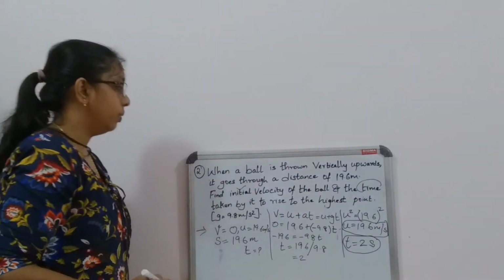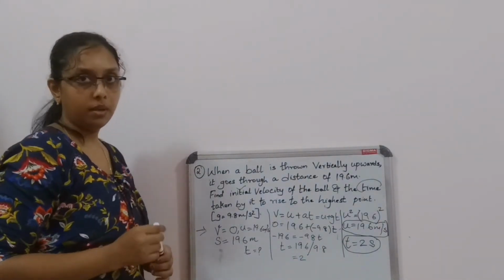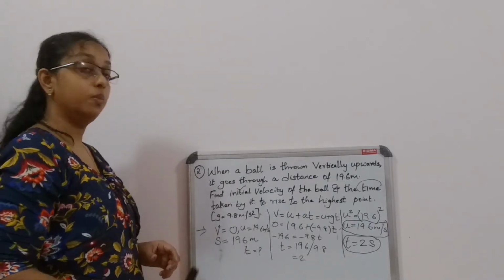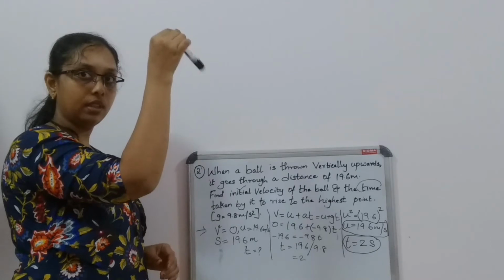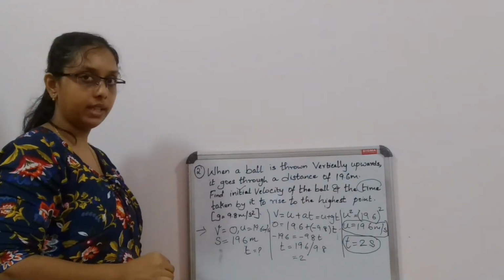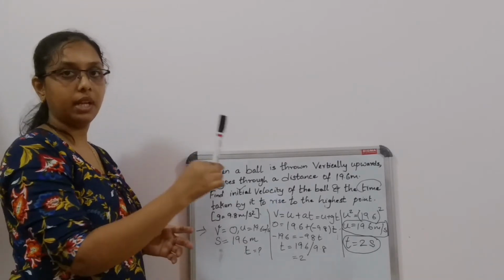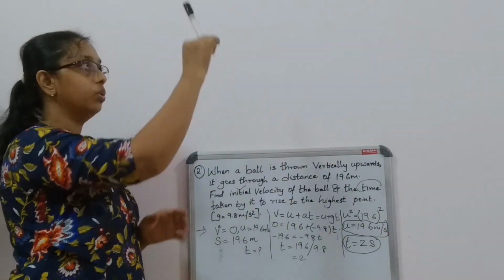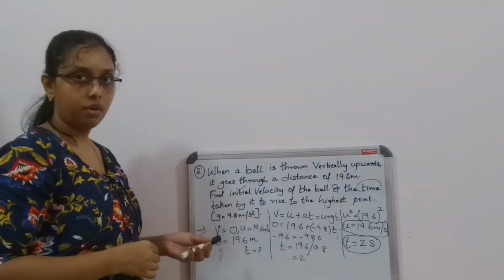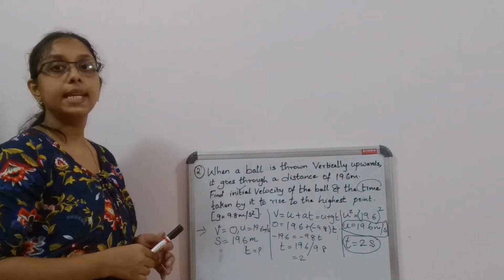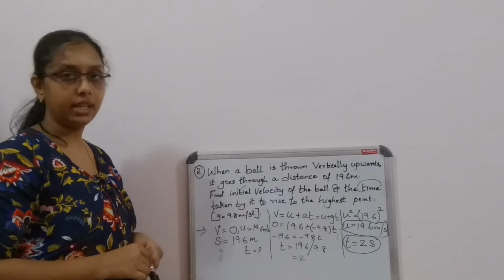Okay. So here in this question, a man is throwing the ball vertically upward, going to a certain distance. It comes down again to the man's hand. Here they have given the distance also, 19.6 meter. It will go up and then comes down. Here they have told to find the initial velocity and the time taken to reach the highest point.